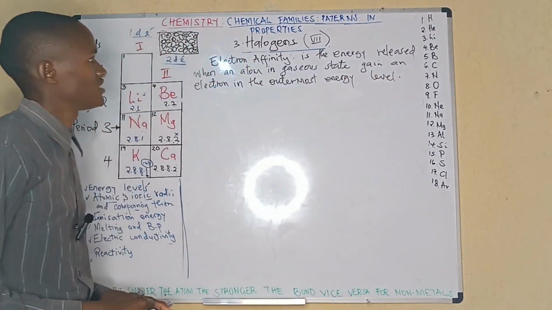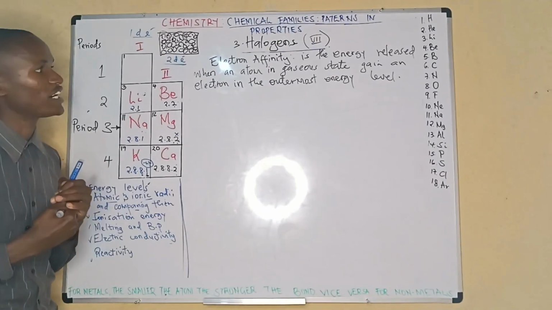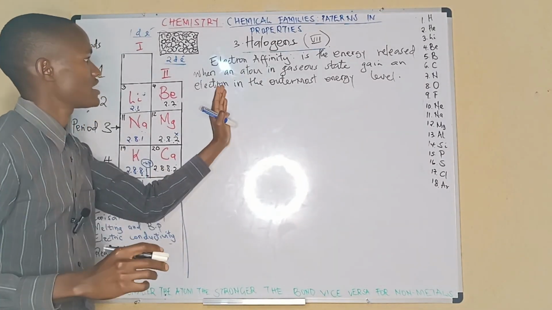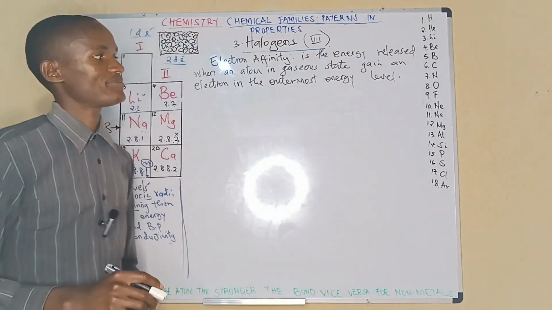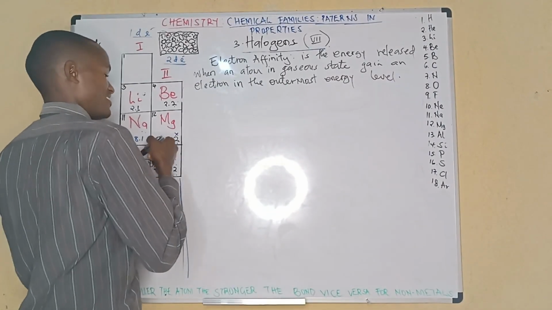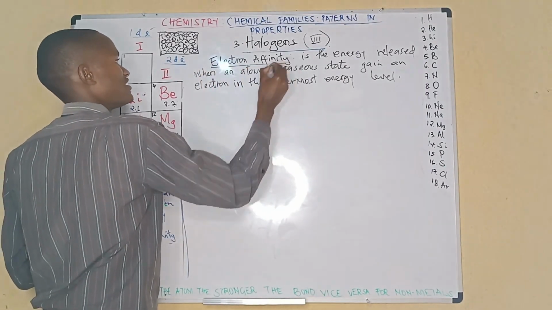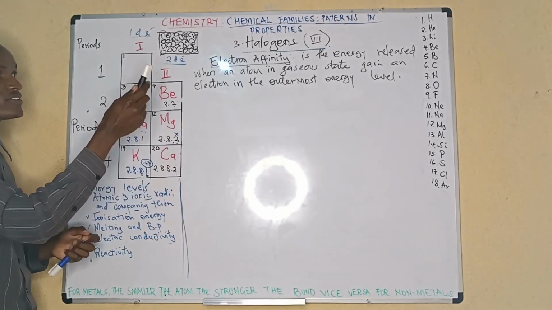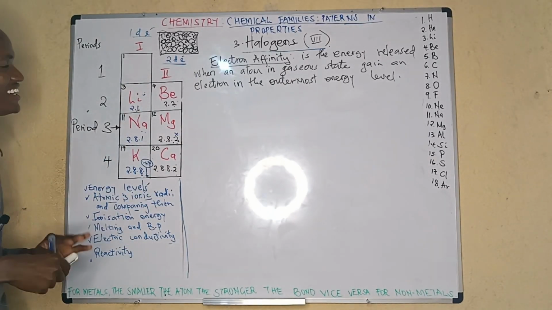Good. It is the energy released when an atom in gaseous state gains an electron, as chlorine gains an electron in the outermost energy level. Electron affinity. So instead of ionization energy, we'll be talking of electron affinity. I've said that too much.